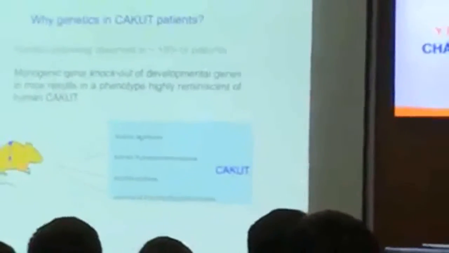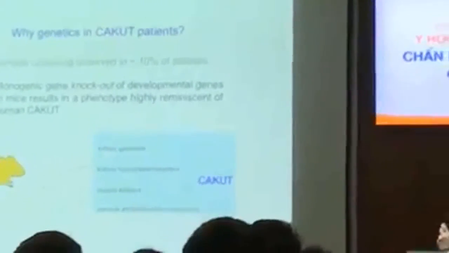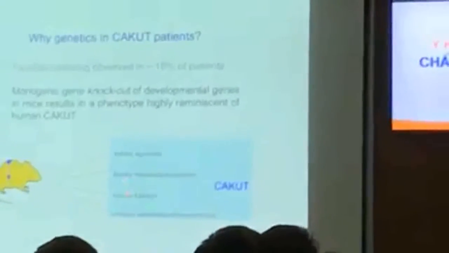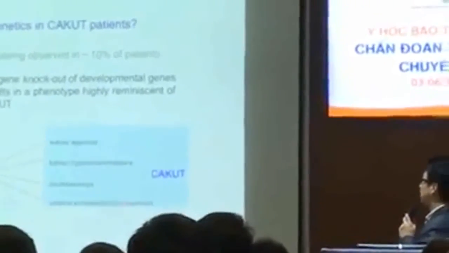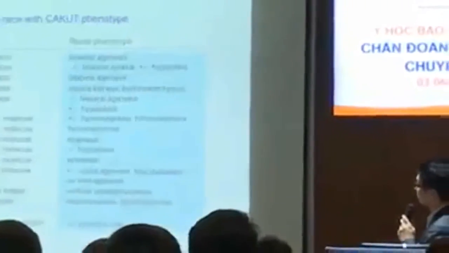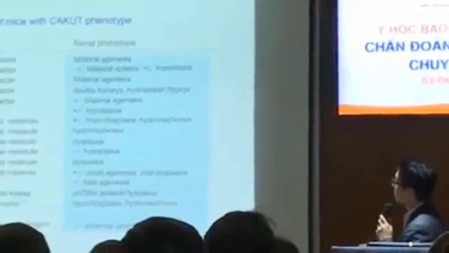We use mice and we knock out the gene, and the mice present with kidney agenesis, kidney hypoplasia, double kidneys, or ureter anomaly, etc. So this is a common gene list. As I said, the gene I mentioned before is BMP4, and this is WT1.